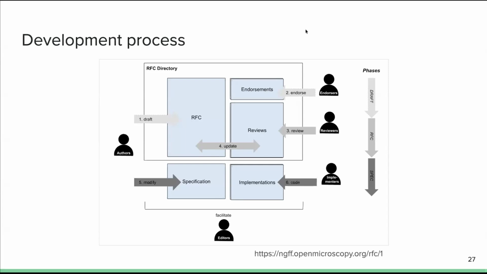So as a microscopist, I want to be able to represent some particular situation. They can write up one of these RFCs, and then the community has an opportunity for feedback. And we have a loop of feedback and updating the RFC until it collects a number of endorsements, and in particular, endorsements from people who are implementing OME-Zarr.